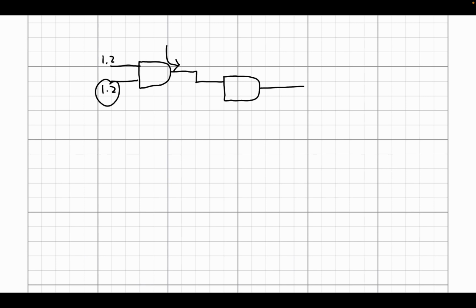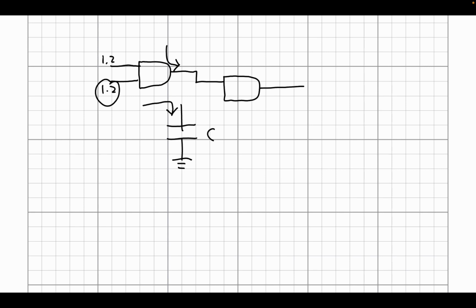And the gate of a transistor is literally a capacitor, right? And because of this, what's basically going on is that we have some current coming from the output of the first AND gate, and it's charging up that capacitor.